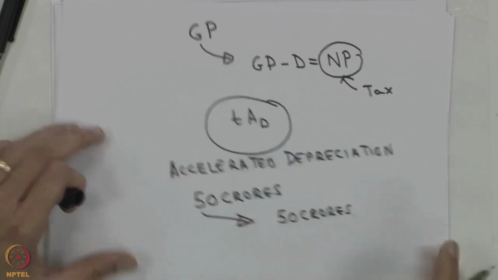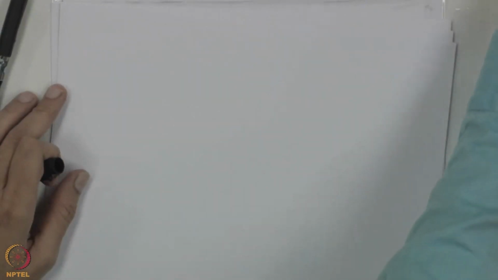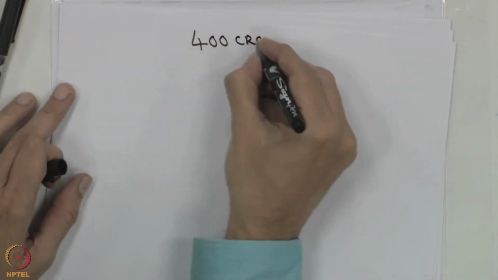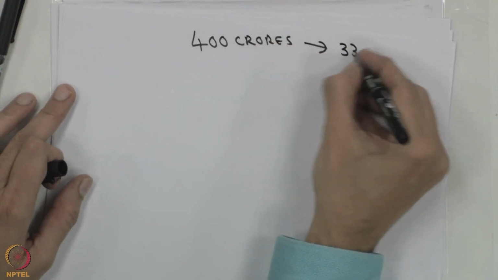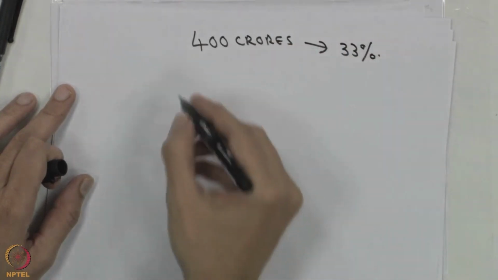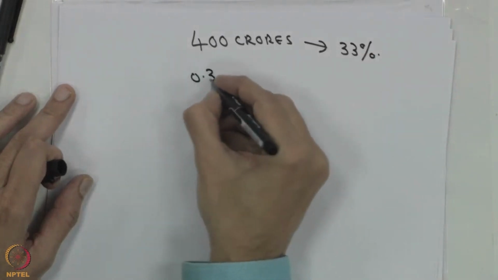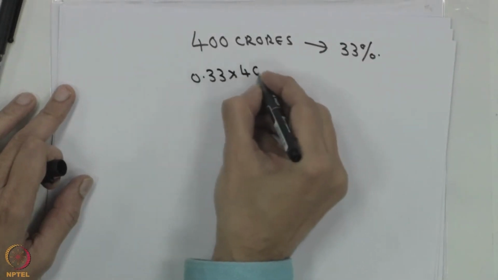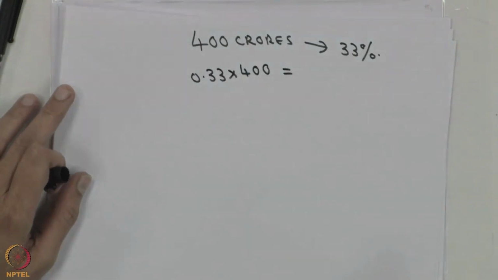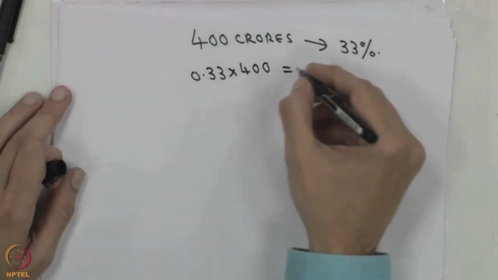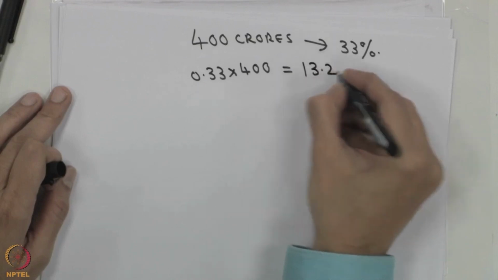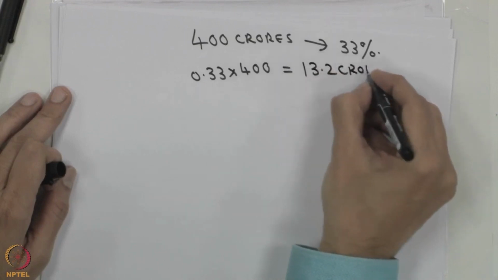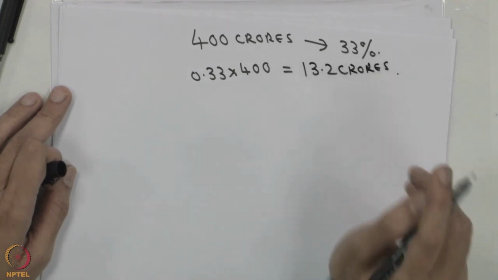Suppose the company had a profit of, let us say, 400 crores and the tax rate is, say, 33%. It would have been paying 0.33 into 400 as the tax.